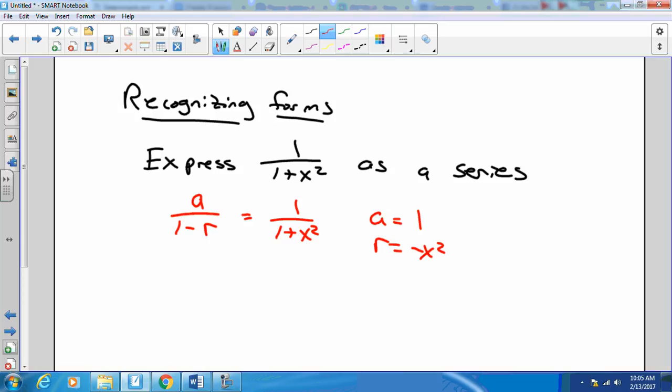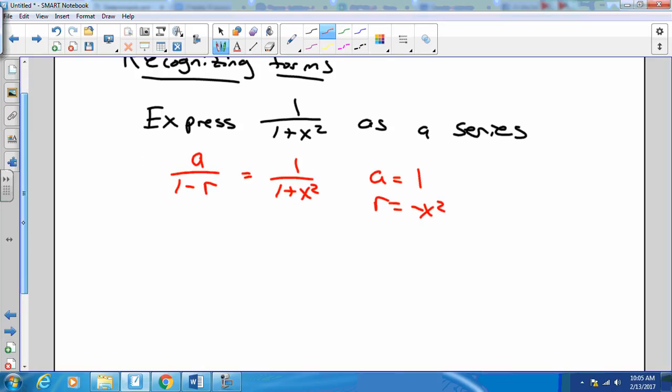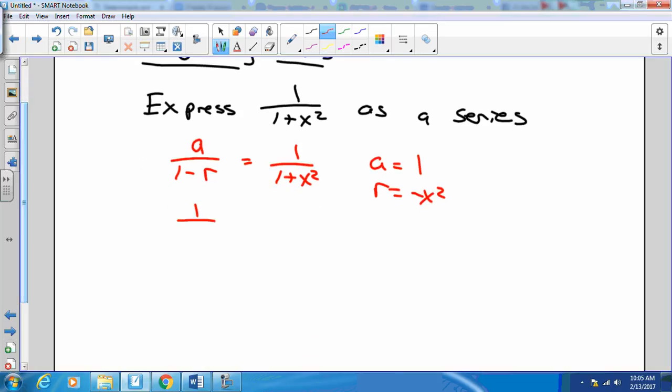And now that I have that expressed in that form, I can go back and write a geometric series that corresponds to it. Well, let's just do it in the summation. It's going to be the sum from n equals 0 to infinity of A times R to the n.